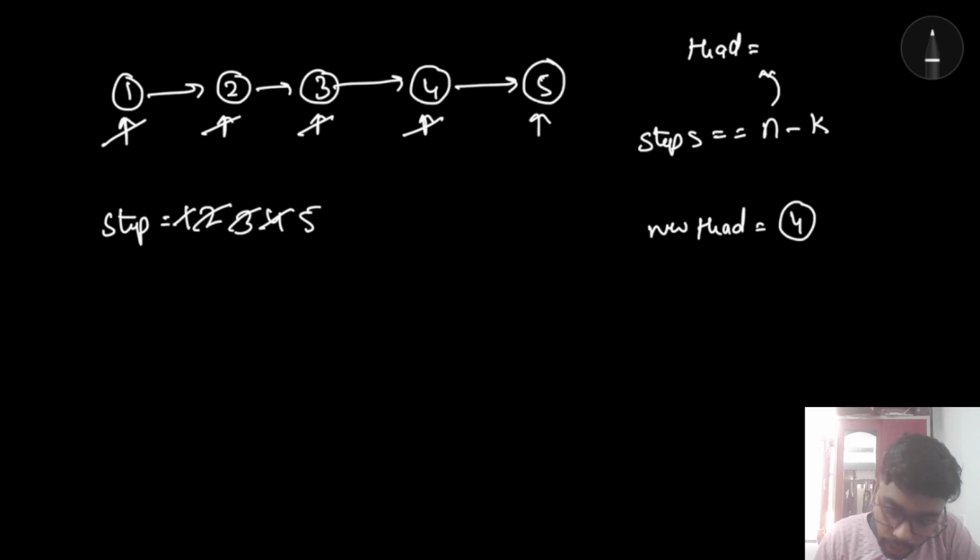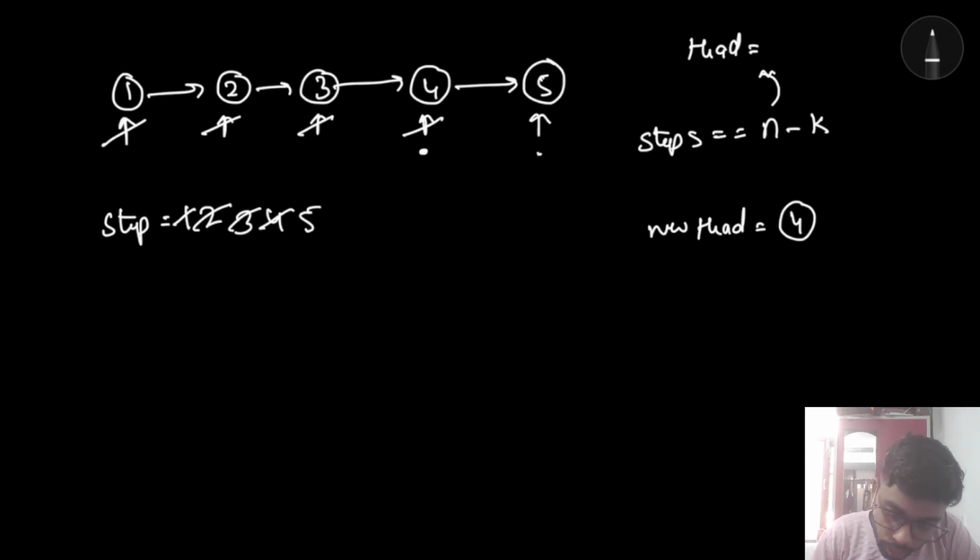And for getting the tail, what I will do is I will iterate until the current node's next is not null, right? So if I am here, I am seeing this 4's next is 5, so it means it's not the end of the list.